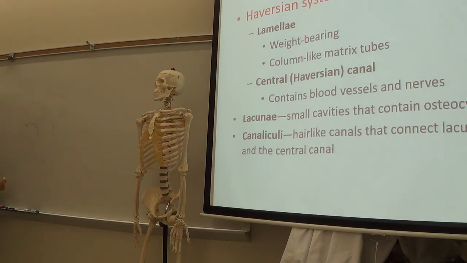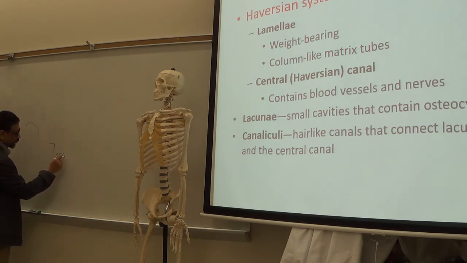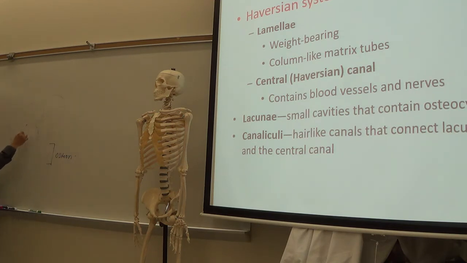Each round structure is called an osteon. So many osteons are there in the compact bone.